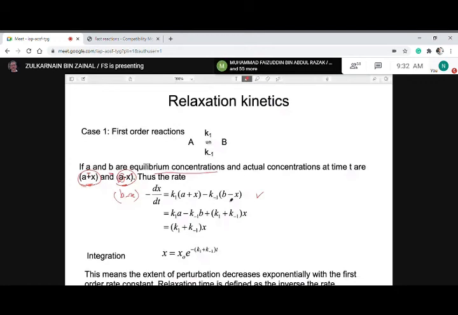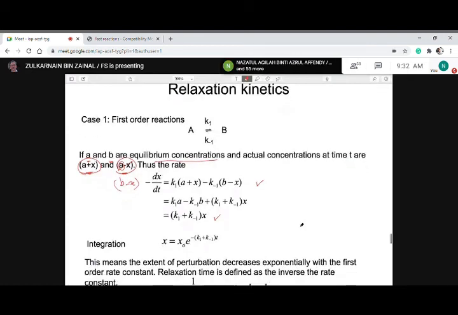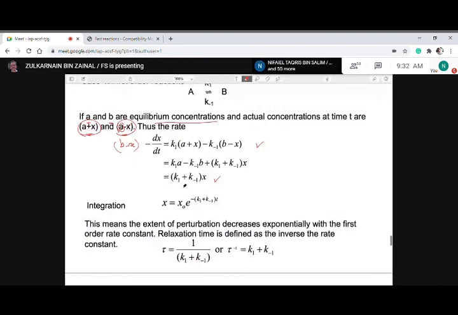Okay, so you can then derive an equation, and that will give you this equation. All right. So minus dx/dt is then equal to (k1 plus k minus 1) x. You can see that x can be written in the integrated form of the equation, which you are quite familiar with.